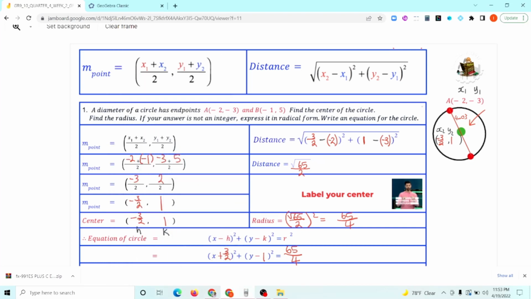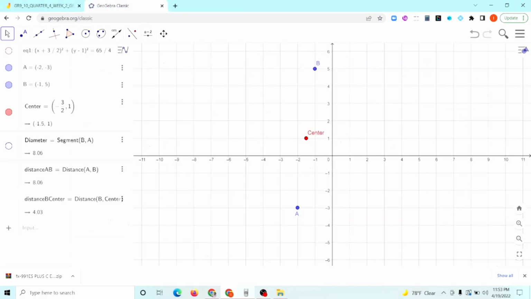Now let's see how all of this relates in GeoGebra Classic, and whether our answers are correct. There's my point A, which is -2 and -3, and B, we have -1 and 5, and the center, which is -3 over 2 and 1.